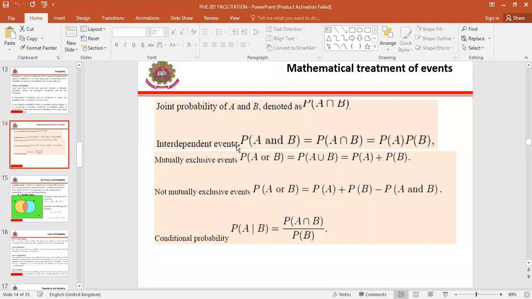But if it is a mutually exclusive event, it means you have A or B. That is, the two cannot happen at the same time. The two cannot have the same value. Therefore, you are talking about an event where somebody wants to marry and somebody wants to put to bed.